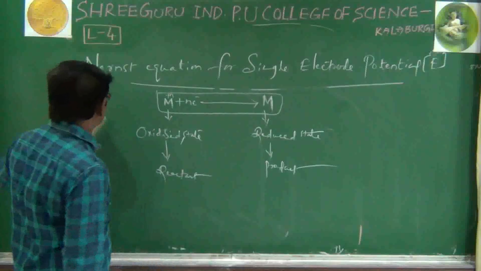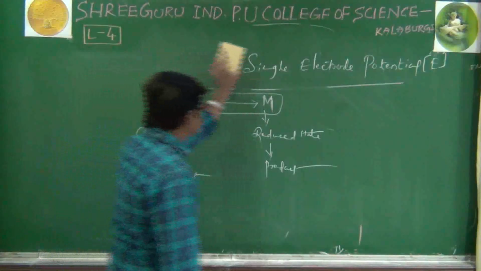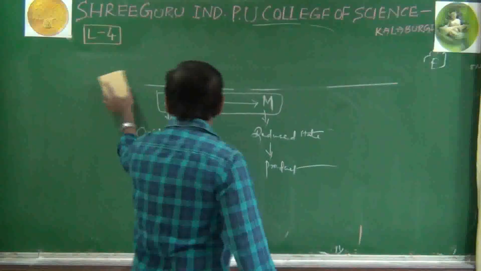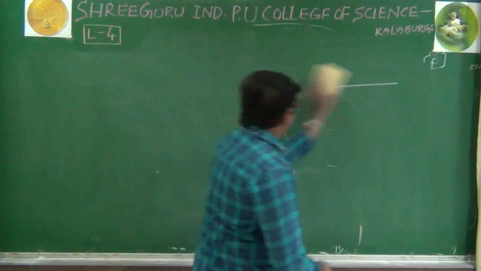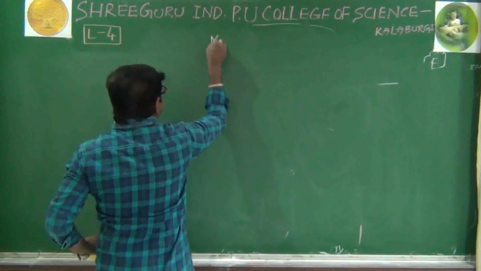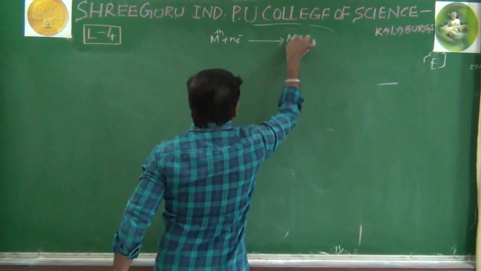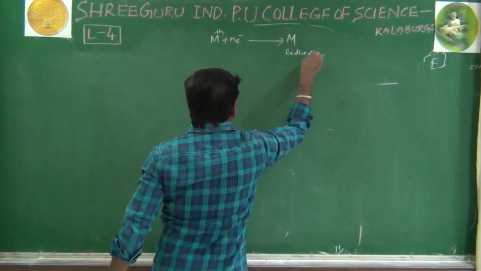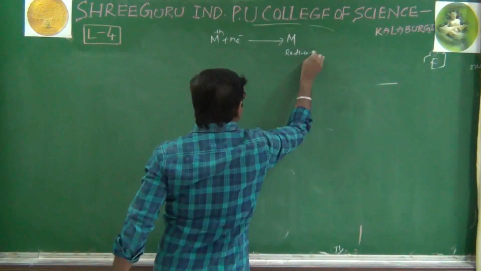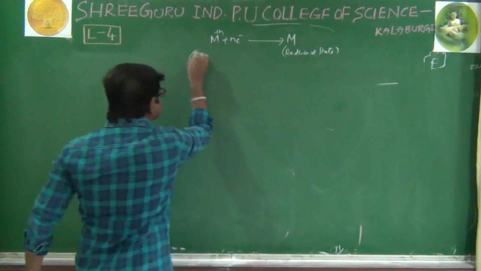Now we'll write it and see the explanation clearly. Once again, I'll write here M plus N electrons gives M. M is the reduced state, and M plus N is the oxidized state.